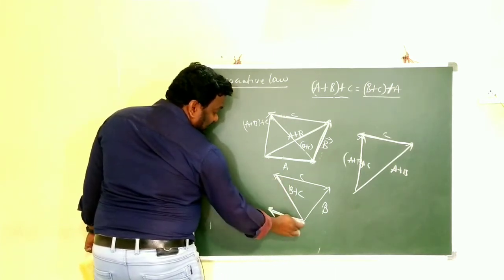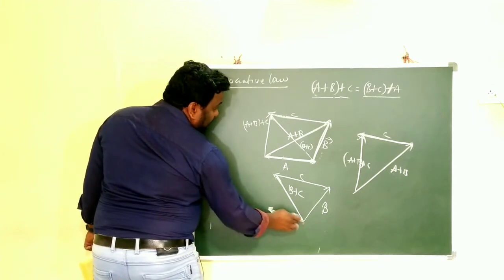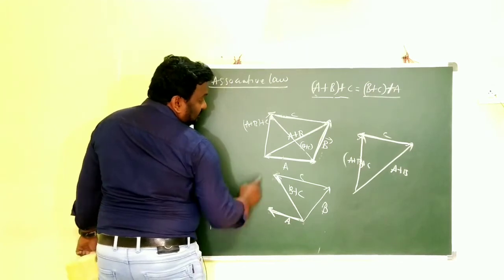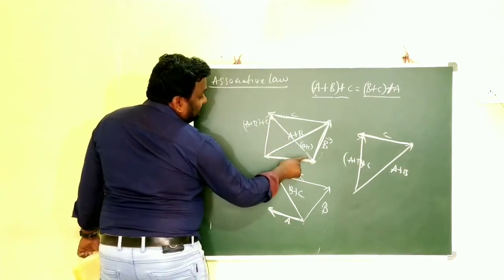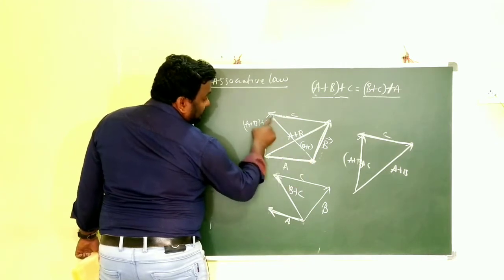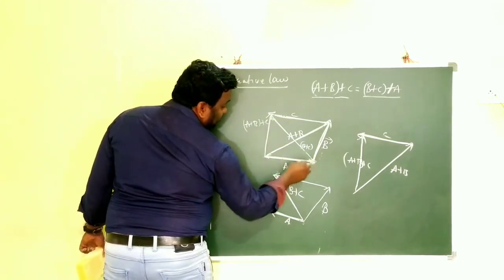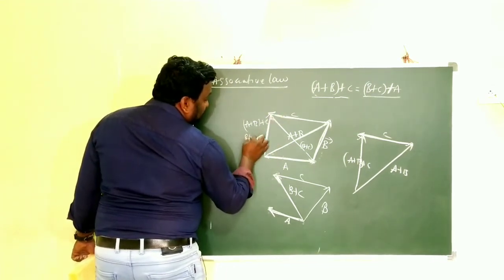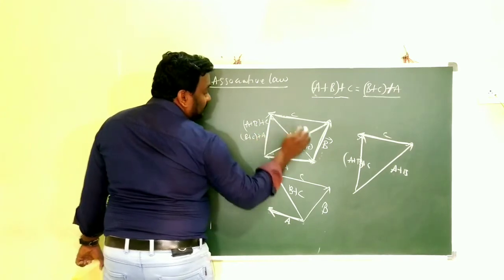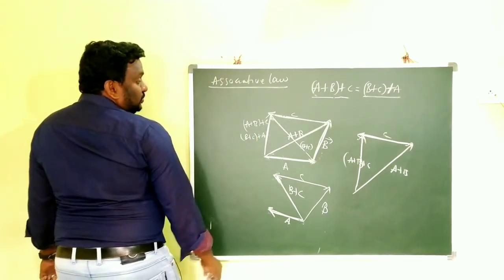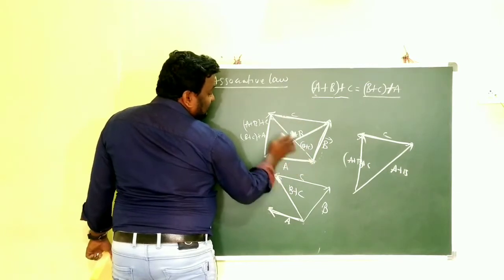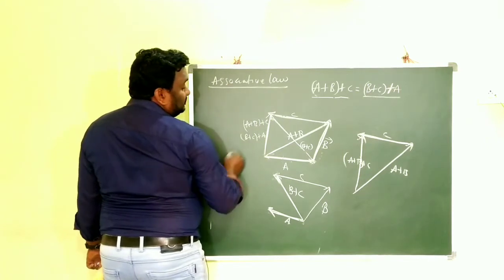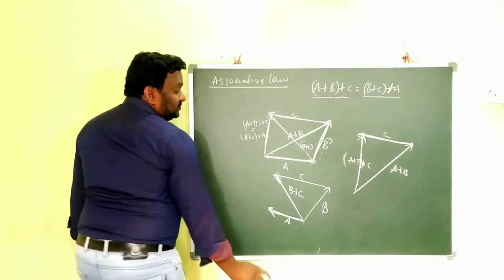This is B plus C and this is A. If you keep the arrow mark like this, now it is B plus C plus A. This is already B and this is C and this is B plus C. For that we add A. Now we get A plus B plus C and B plus C plus A. So these two are equal.